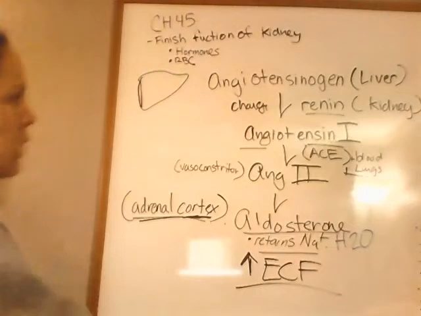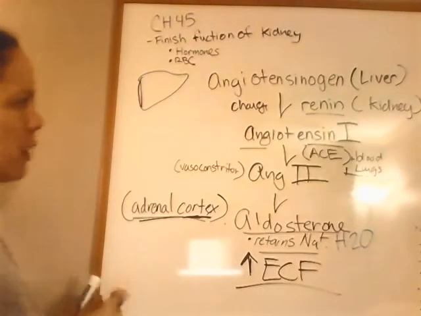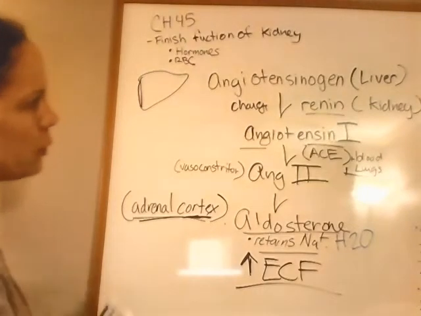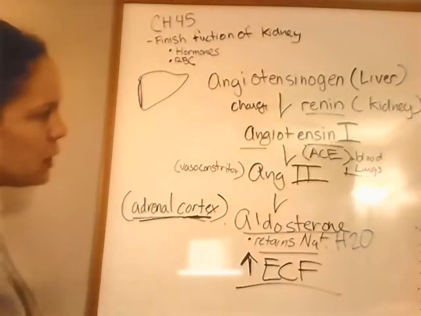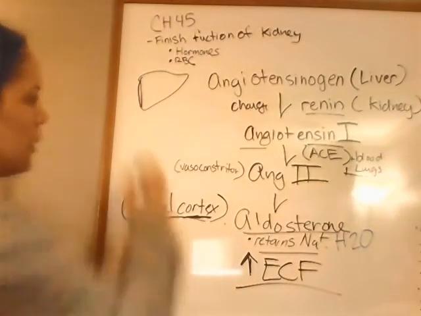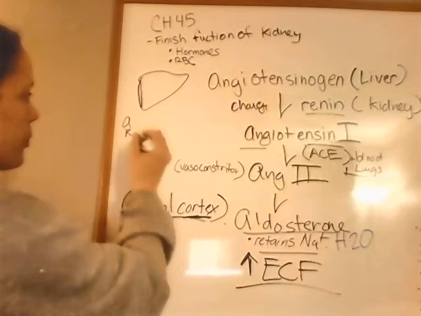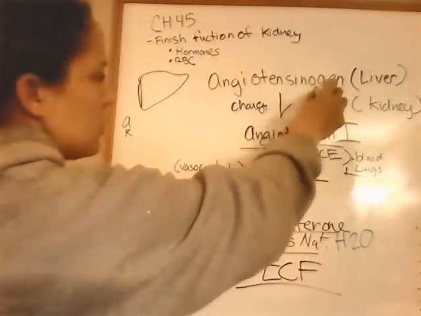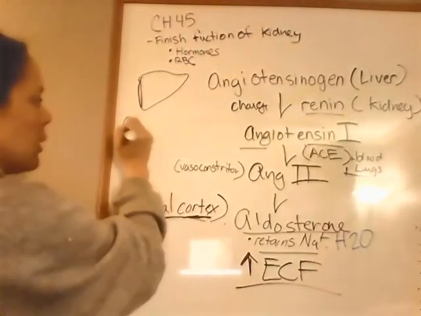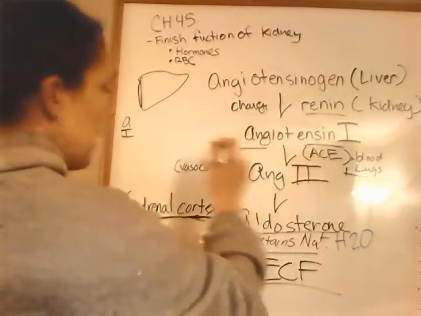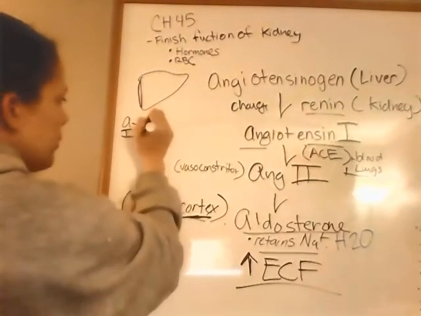let's go through that one more time. And I'm going to try and find a little way of remembering this, but we'll see how I do here. Angiotensinogen, produced by the liver, is changed into angiotensin 1 by way of renin. All right.